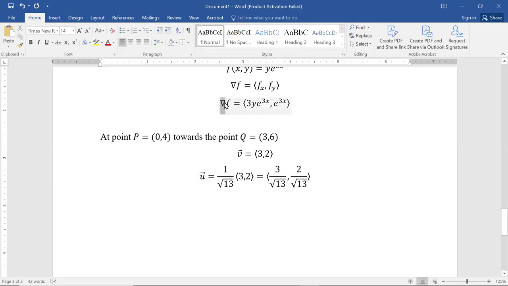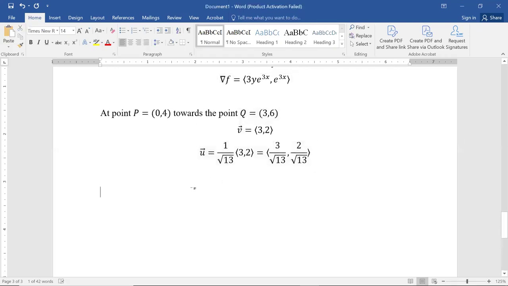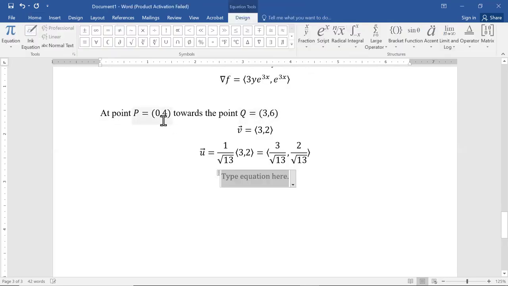Now, I have my gradient. If I'm at the point (0, 4), then that gradient of f at the point (0, 4) is going to be the vector that I get when I plug in 0 into x and 4 into y. So I'd take 3 times 4 times e to the 3 times 0.